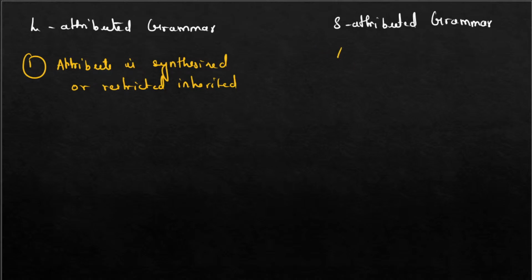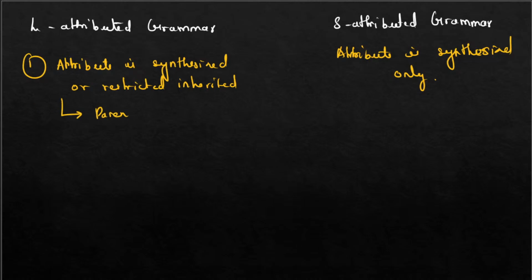In S attributed, the attribute is synthesized only. In L, the inheritance is from the parent and left sibling only.